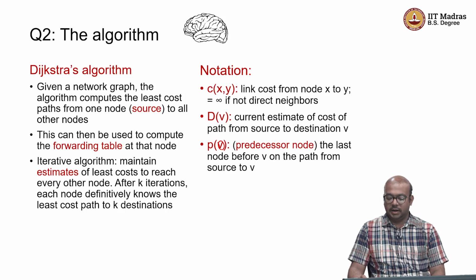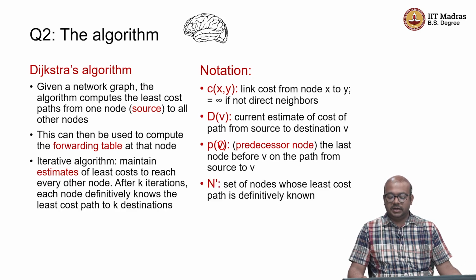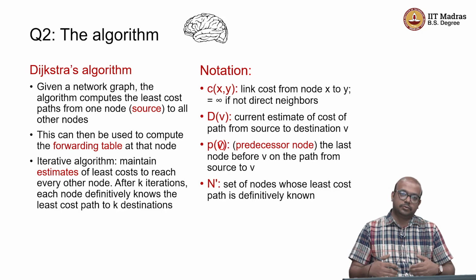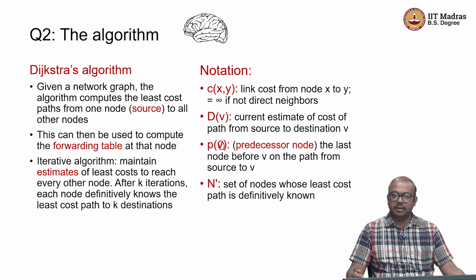Okay. So, nothing complicated. Then there is a set which is called N prime, which is a set of nodes whose least cost path is definitively known. Okay. So, as I told you, as we go through the passes in the algorithm, we have an idea of the current estimate of the cost of the path, but it may not be the optimal path. Okay. So, for a certain destination, as we go through the passes, some of the nodes are going to be put in this set called N prime.